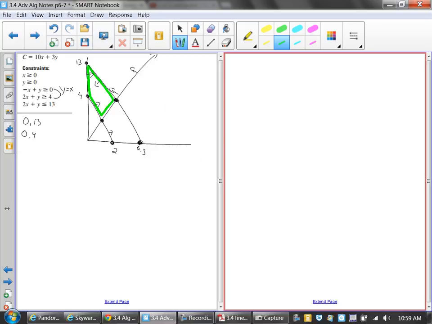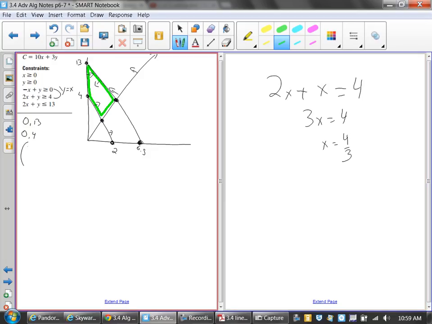When I use substitution, I have 2x plus x is 4. So 3x is 4, x is 4/3. What's y then? 4/3. So there's one set, (4/3, 4/3). That's here.